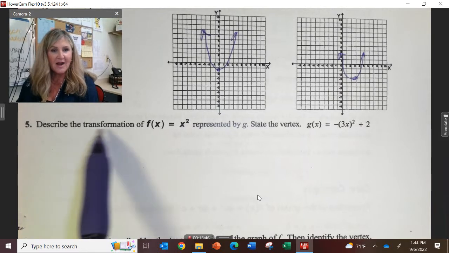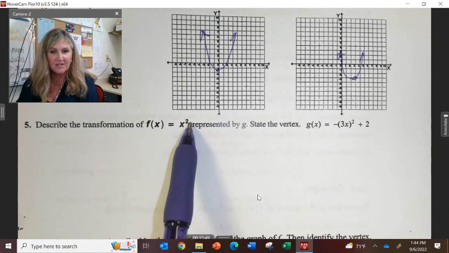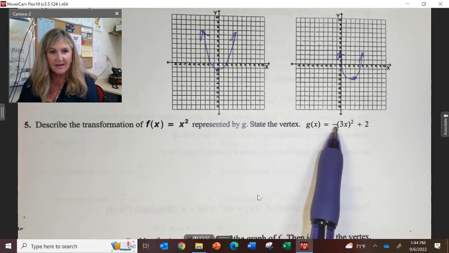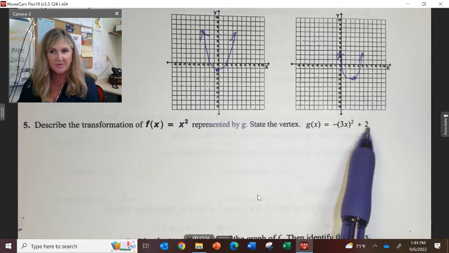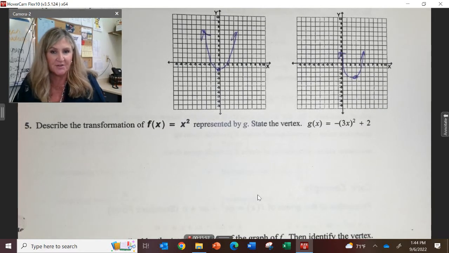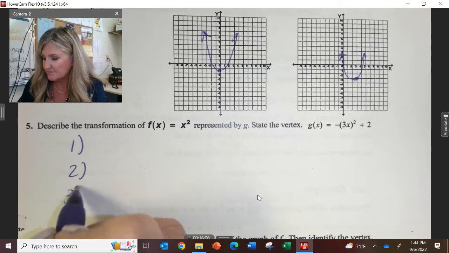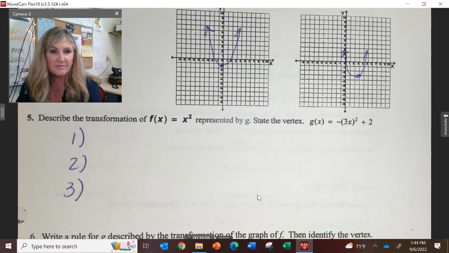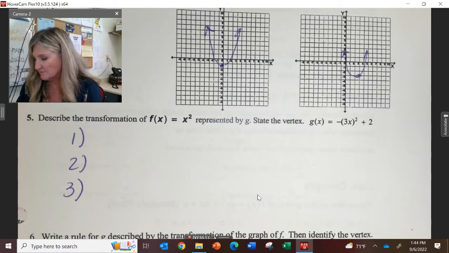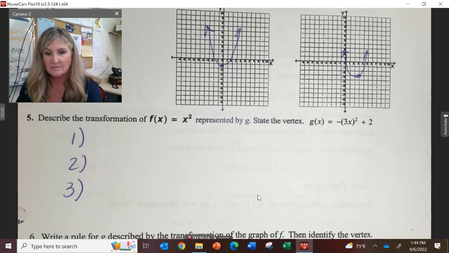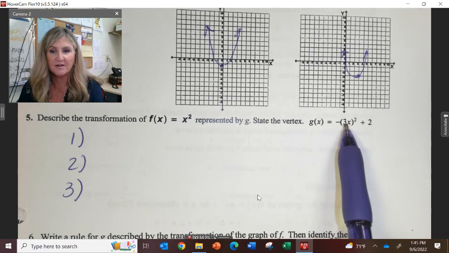Okay, describe the transformation of f of x equals x squared if we go to negative of the quantity 3x squared plus 2. I want you to think about this for a minute on your own, and then we'll talk about it. There should be 3 things that happen. And just go in the order that they occur.